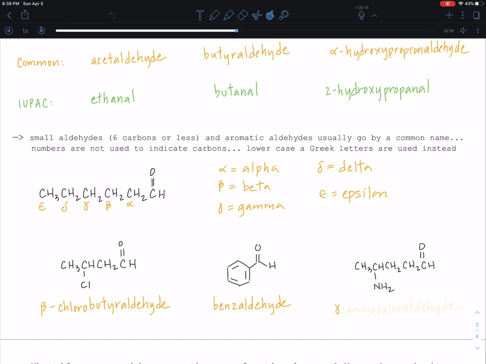So we've got gamma amino. When the NH2 is not an amine but a substituent, it's the amino group. The parent here is valeraldehyde.